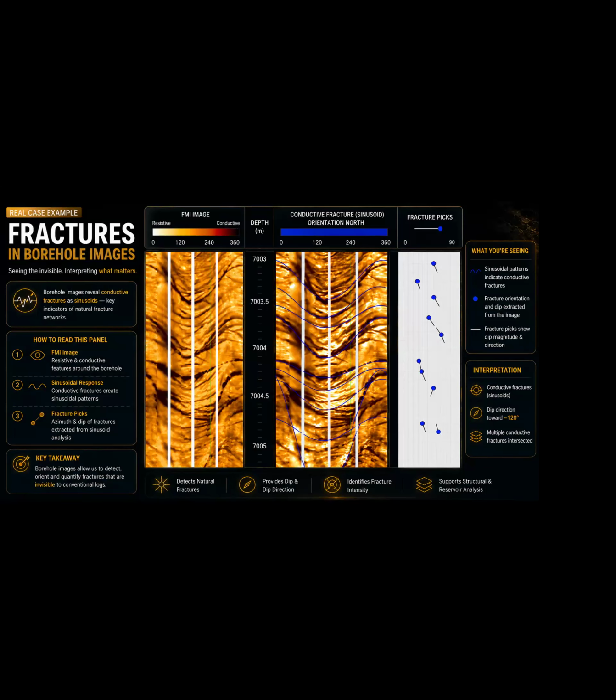It comes first to identify this kind of rock behavior, which is the fracturing here, to understand where the fracture zone is.